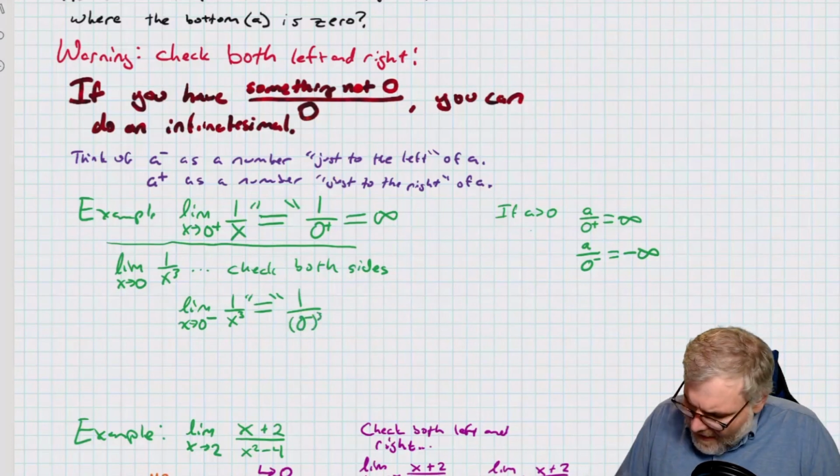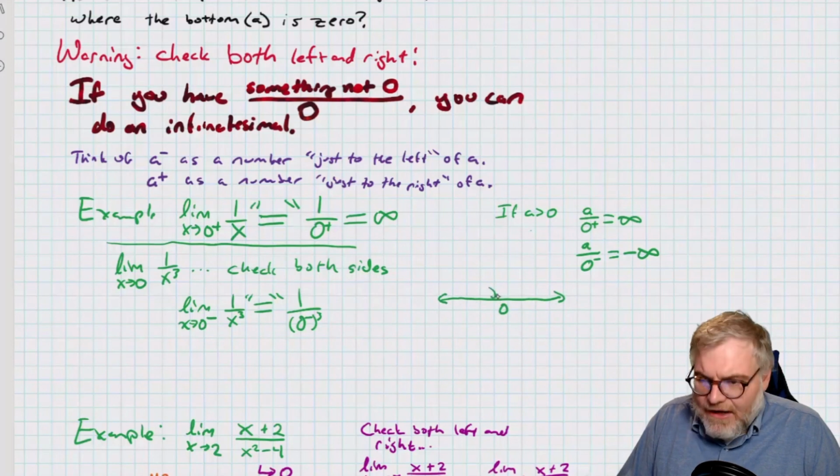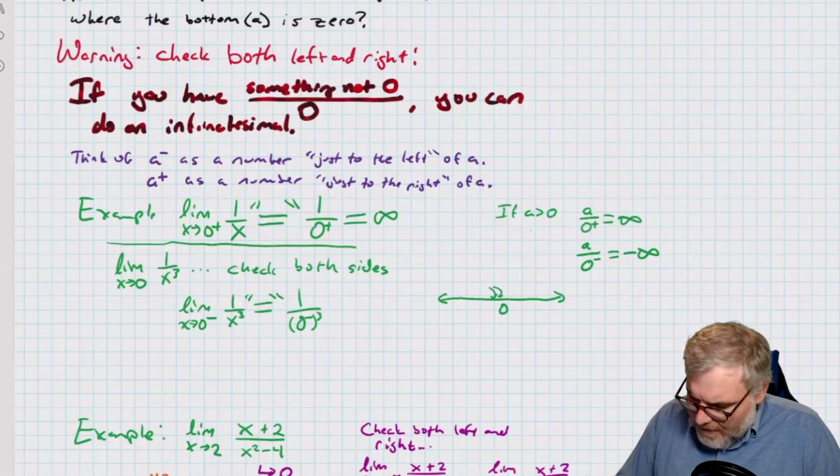Now, if I have a number that is just to the left of 0, if I cube it, it stays to the left of 0. So this right here is going to be 1 over 0 minus, which equals negative infinity.